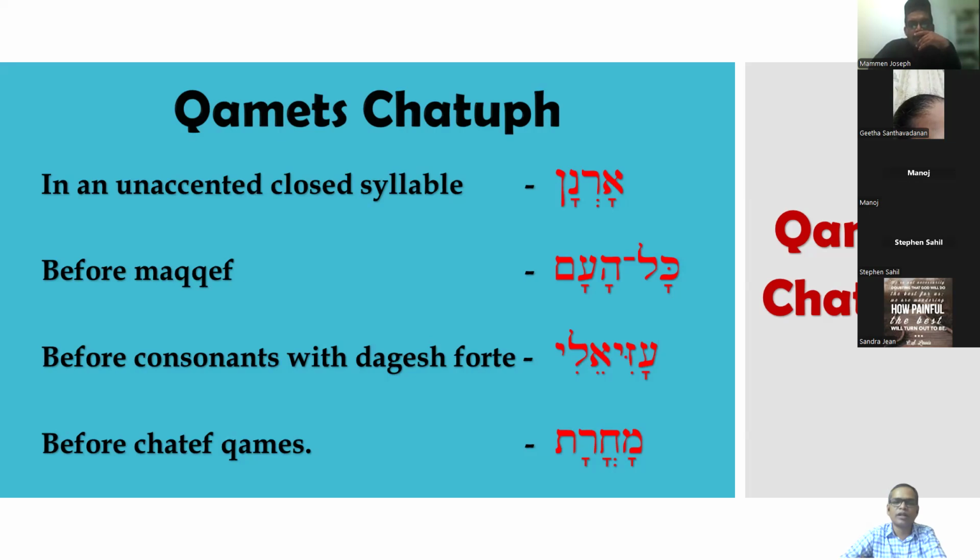It is not ma, it is mo, because it is kamats hatuf. So mem with kamats hatuf, khet with hatef kamats, which is a composite or compound sheva, resh with kamats, and tav. So there are four rules you have to keep in mind.